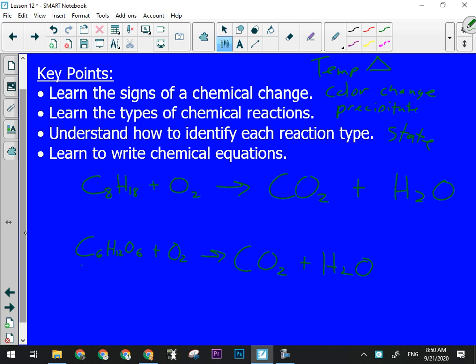Okay, so the first thing you should write down is one of the two examples here, because we need to talk about the parts of a chemical reaction. These are our reactants. The things that are going to react, your starting materials, are called your reactants.